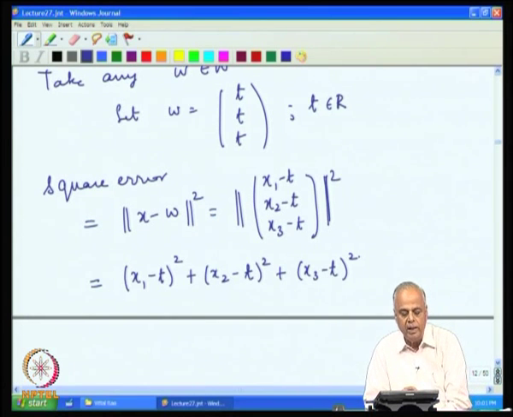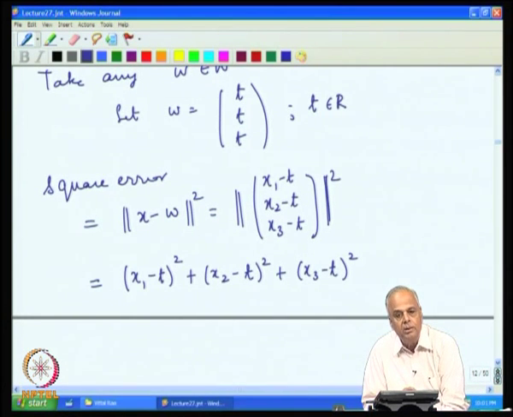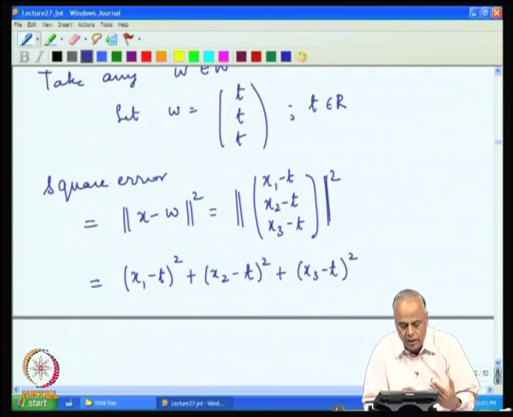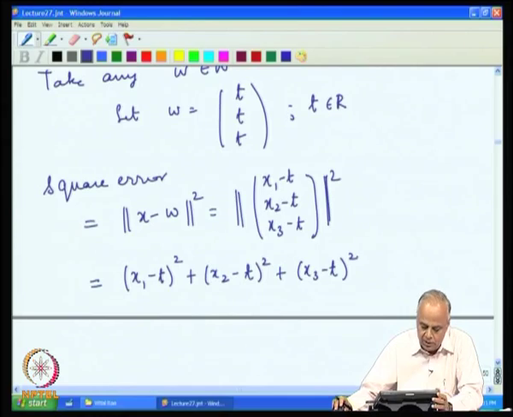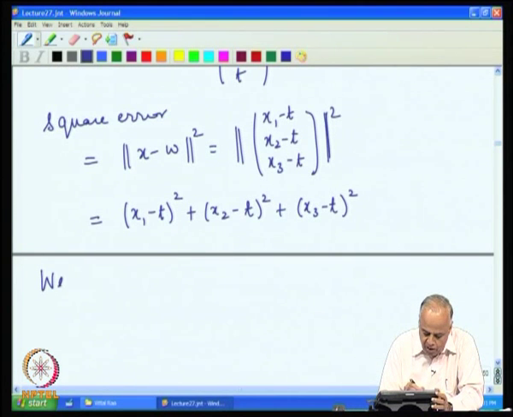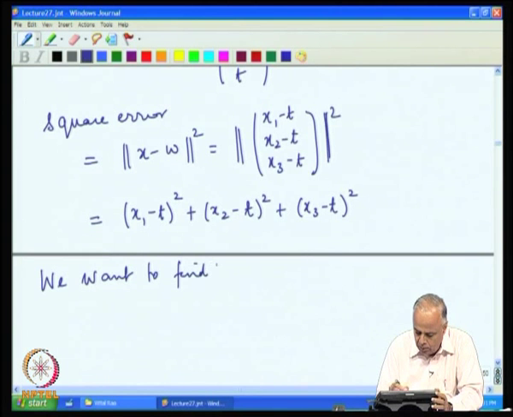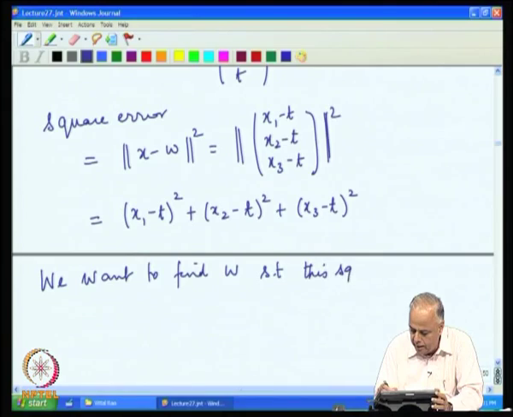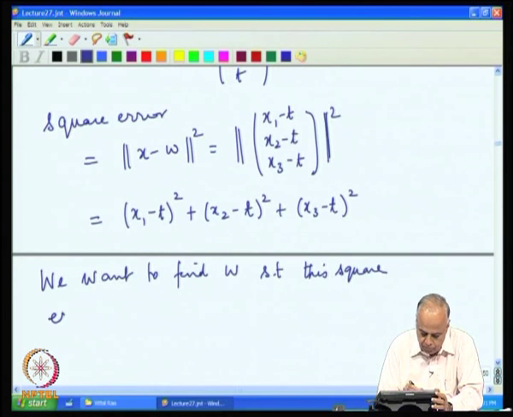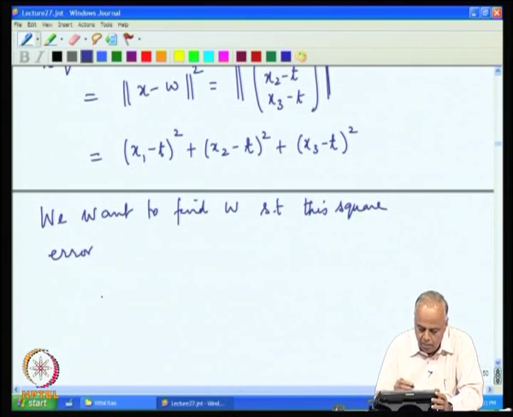Now, we want to find the vector which minimizes this error. That means we want to find the value of t for which this is minimum.